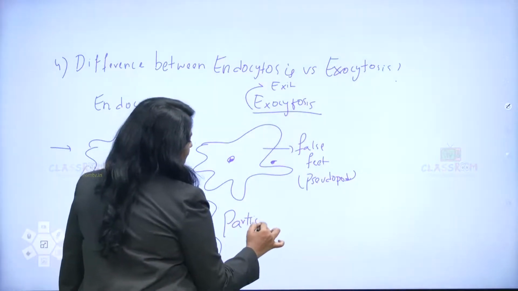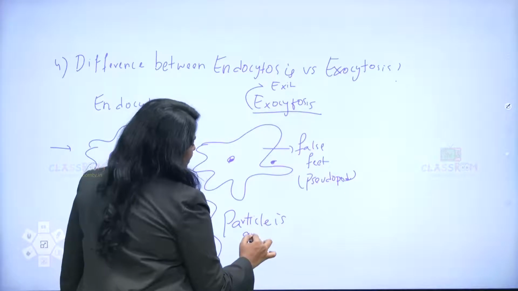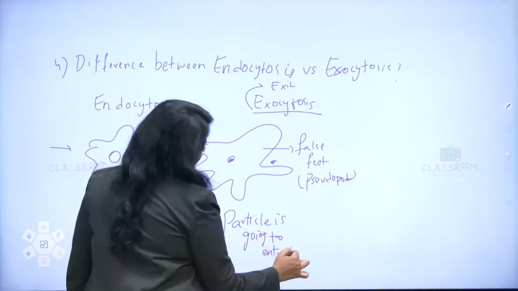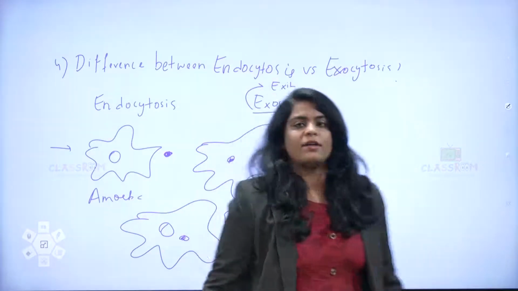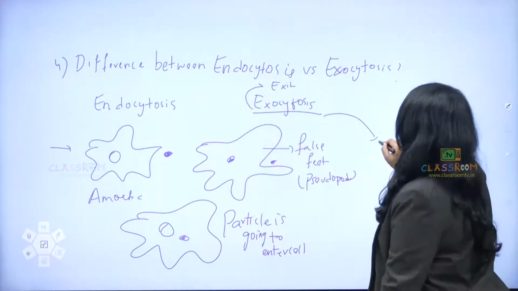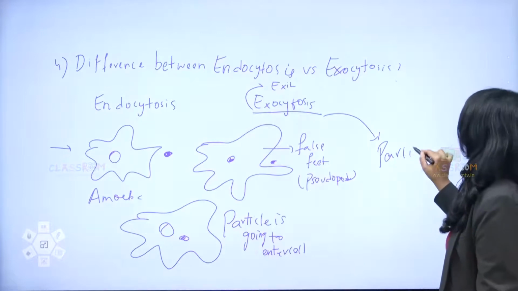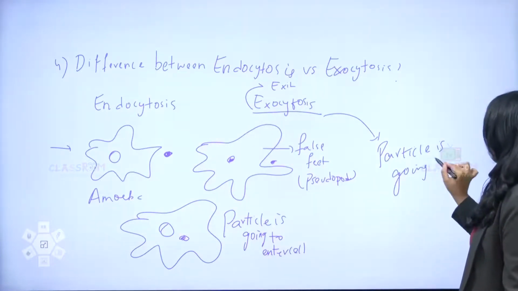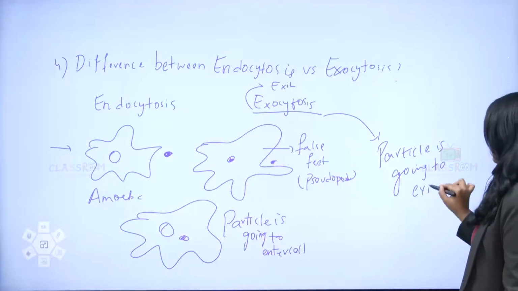Just remember that the particle is going to enter the cell. Whereas in exocytosis, what happens is the particle is going to exit the cell.